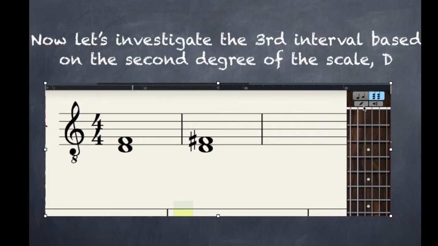Now we'll investigate the intervals based on D. Let's just recap what we did on C. That's a major third interval. And when we drop this note a fret, we'll get a minor third interval.